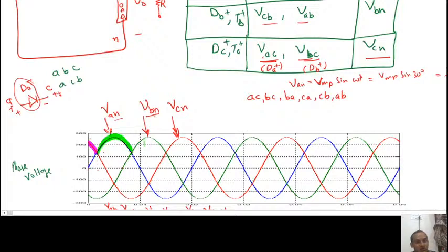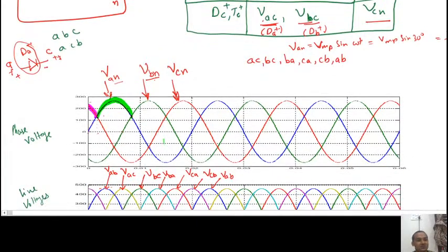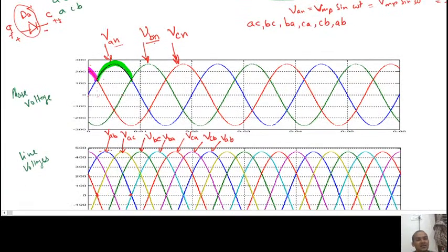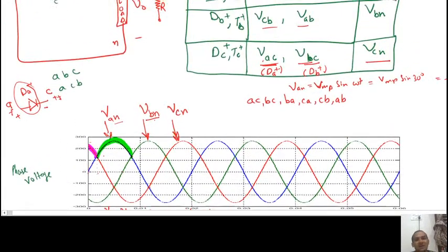One can ask, sir, how did you decide that it will go up to this point? You can see it through the line voltage. When A is conducting, who is next in line? The voltages are VBA and VCA, where VBA is across DB positive and VCA is across DC positive.